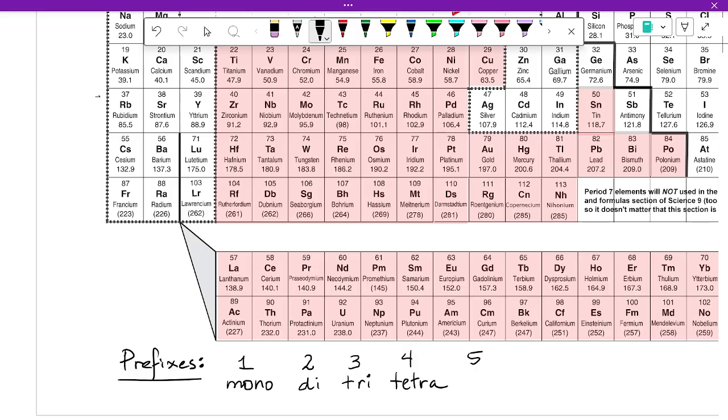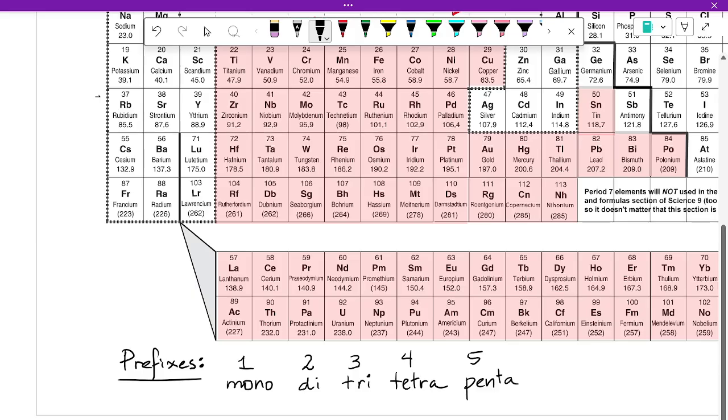What is a 6-sided shape? Hexagon. Hex. Oh no, sorry, I said 6-sided shape. I meant, what's a 5-sided shape? A pentagon.